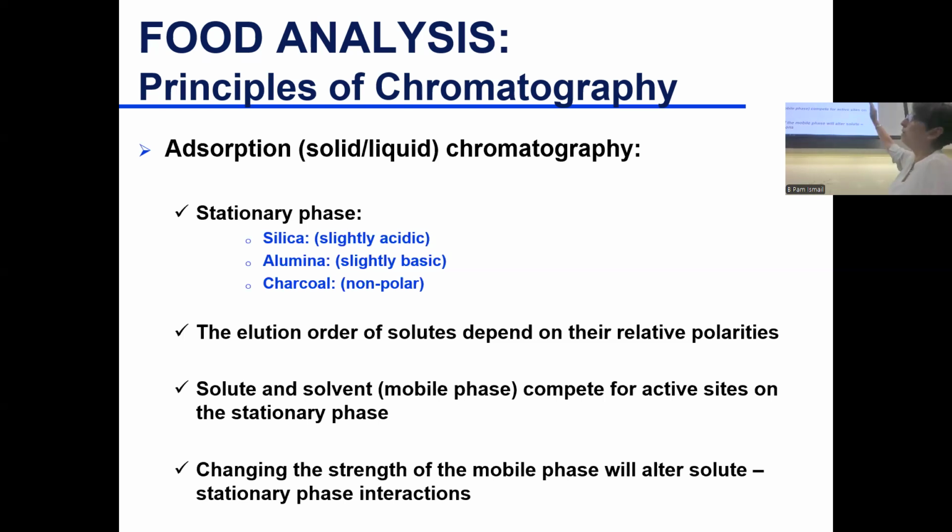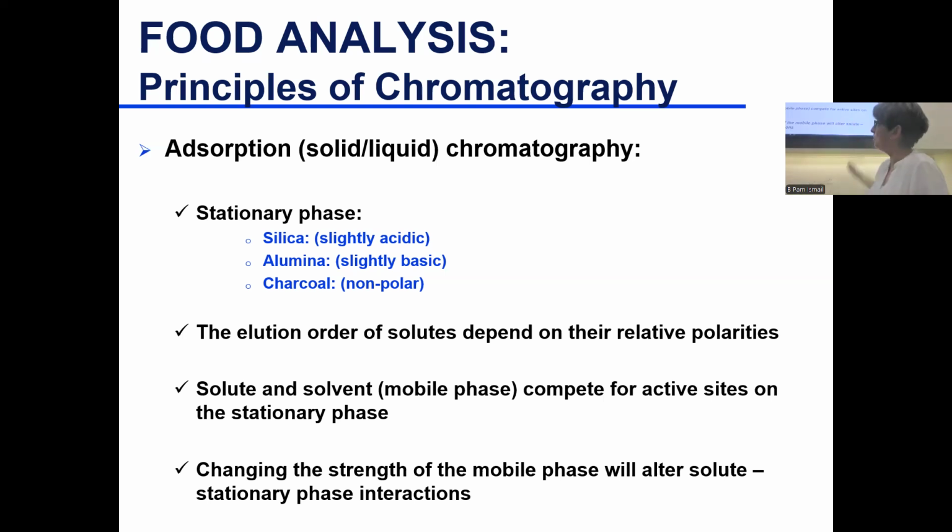So if we have polar, this would be normal phase. Our separation is based on polarity, and the most polar will interact the most with the column, and the least polar will leave first. Charcoal is the opposite, reverse phase.